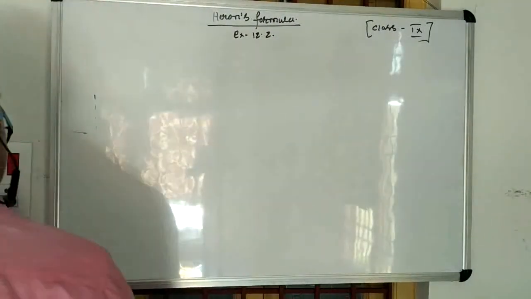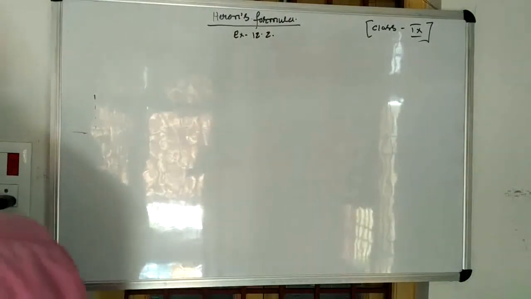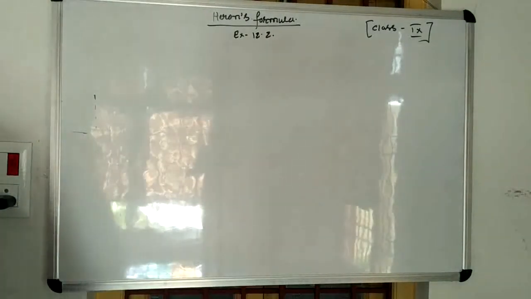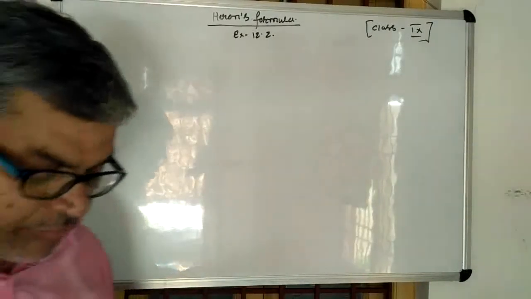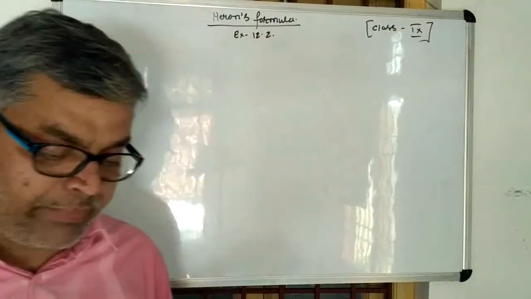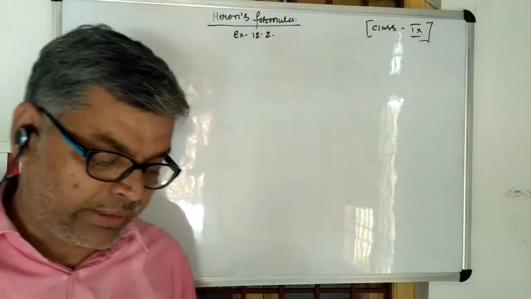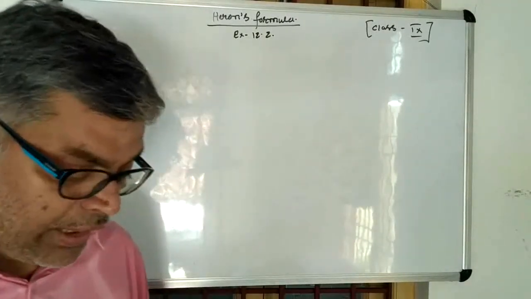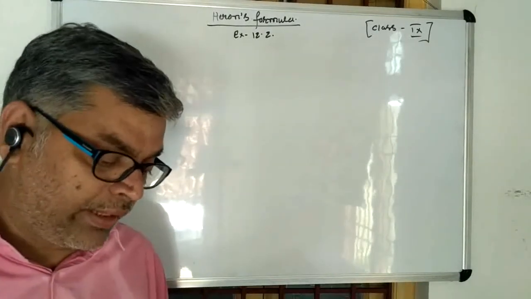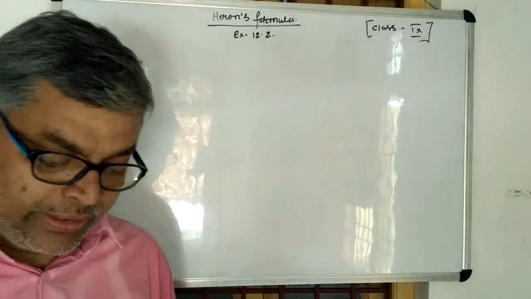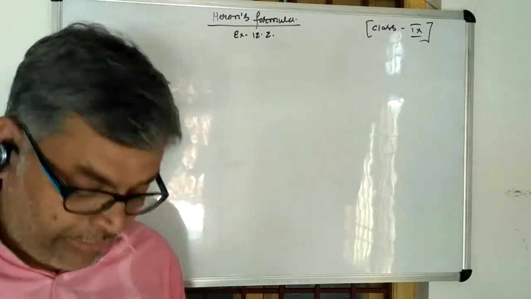The question is question number 9. And question number 9 is saying that a field is in the shape of a trapezium whose parallel sides are 25 meter and 10 meter. The non-parallel sides are 14 meter and 13 meter. You need to find the area of the field.